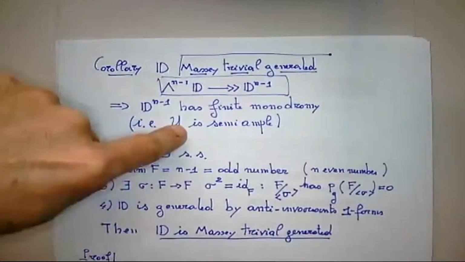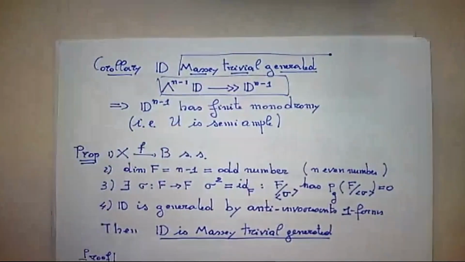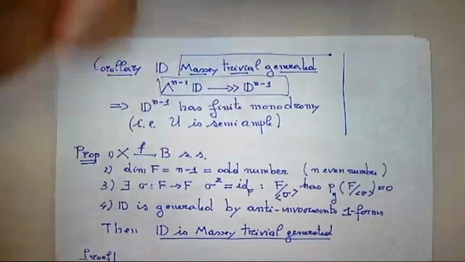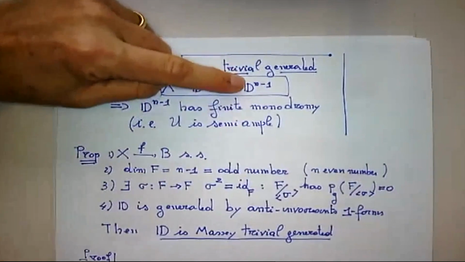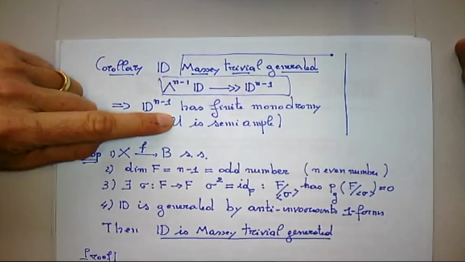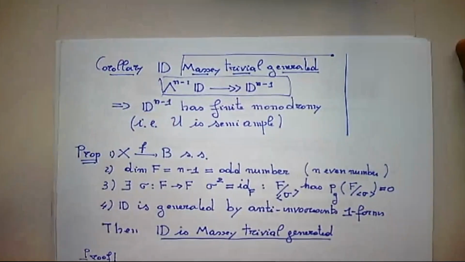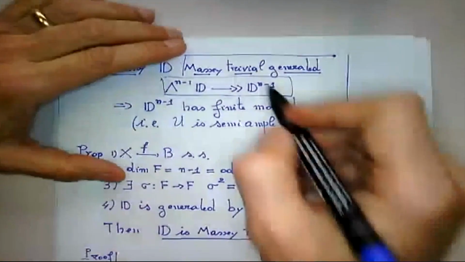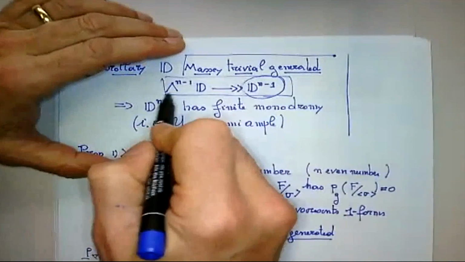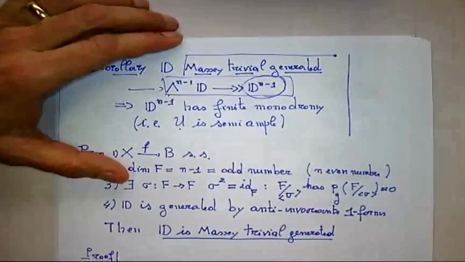That means that U is semiample. So in some sense, these results give a partial answer to when the unitary flat part of the second Fujita decomposition is semiample. At least in one case we can tell when this part, the local system which gives U, comes from one forms, let me say.